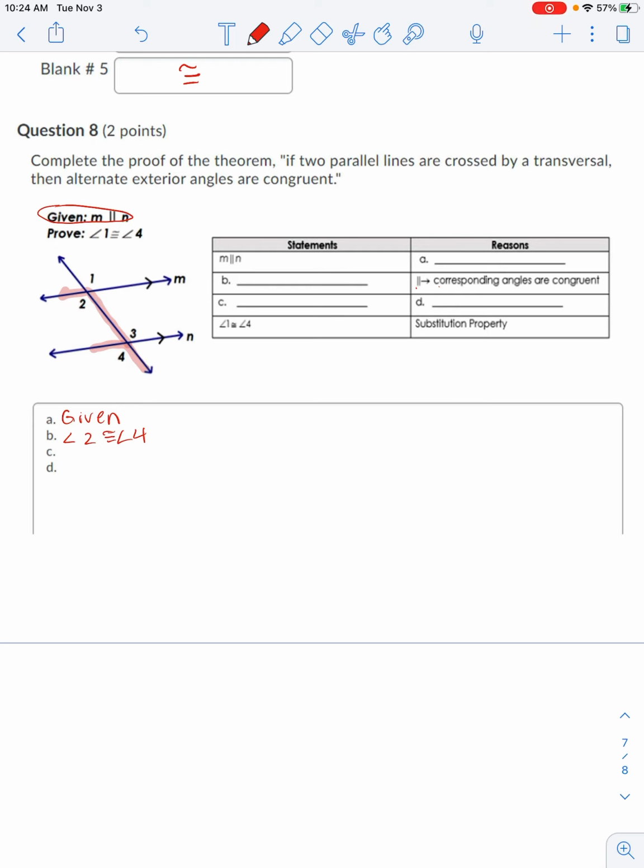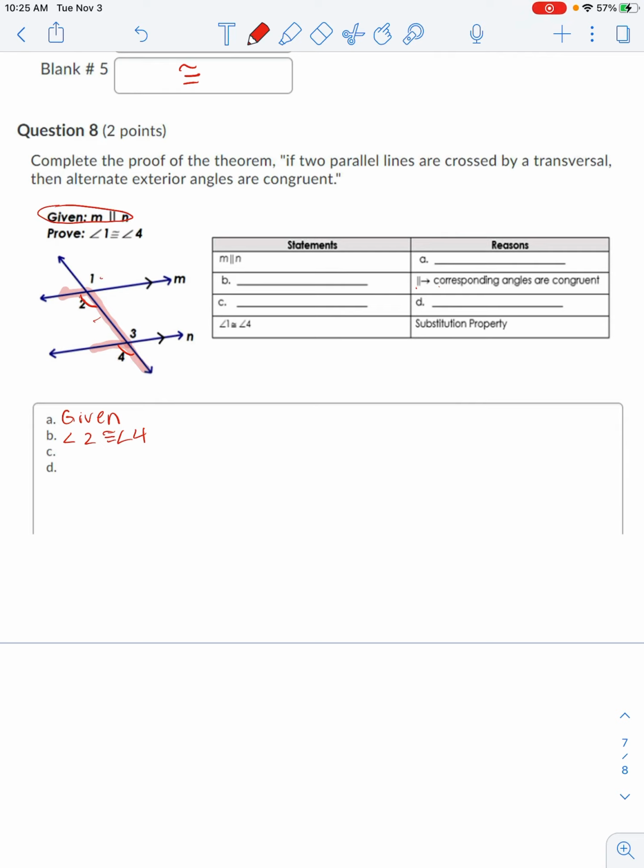Now, there are other pairs of corresponding angles here, and you could have used a different pair. But then your statement C has to be different than what mine's going to be. So be very careful about that. Now that I know that 2 and 4 are congruent to each other, and I want to show that 4 and 1 are congruent to each other, is there a way that I could relate angle 2 and angle 1?